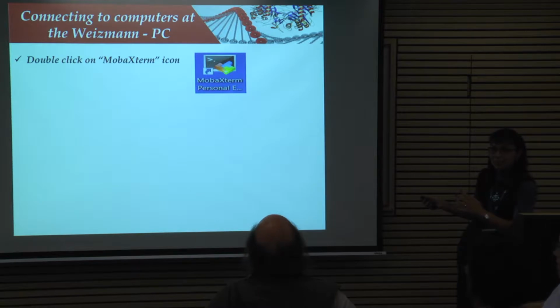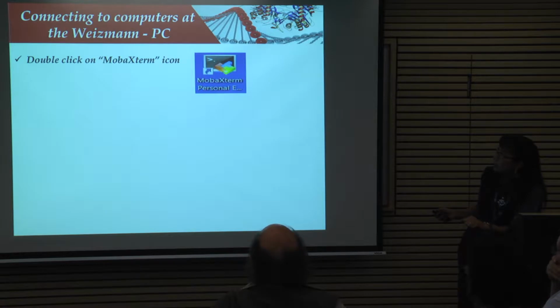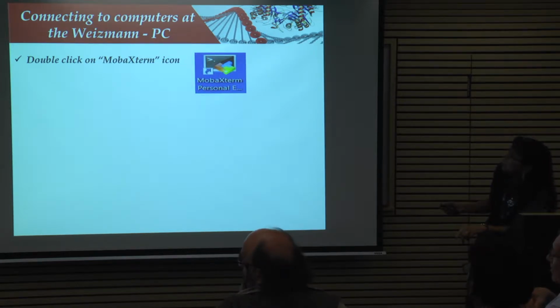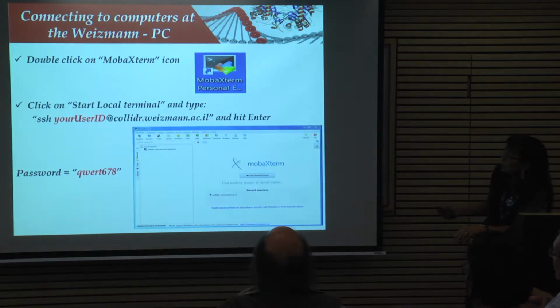If you have a PC, which is all the computers in the remote data room and also in the Lupati conference room, when you want to connect to the PC, you double-click the mob extreme. Everything is set up on the computer, and to log in, you have to use your user ID, and the same password for all people. Okay.